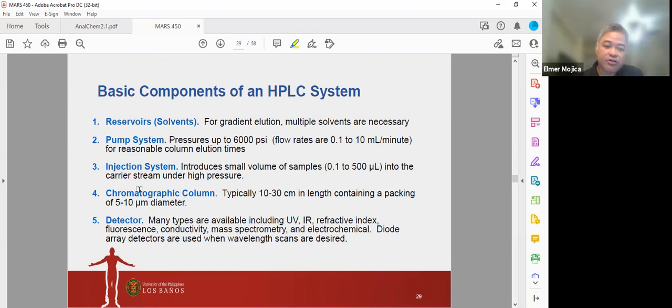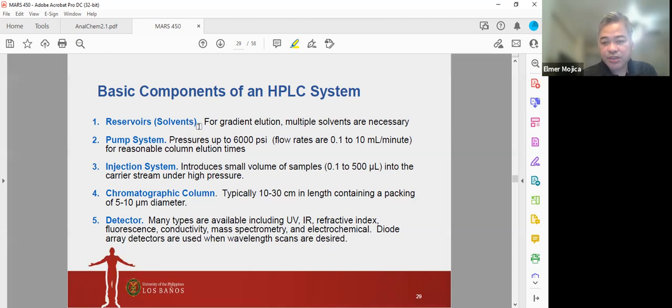Okay. So the solvent that we have here, that would be our carrier, or that would be our mobile phase. For gradient elution, we can use multiple solvents. For isocratic elution, we can use one solvent, or we mix different solvents into one solution.